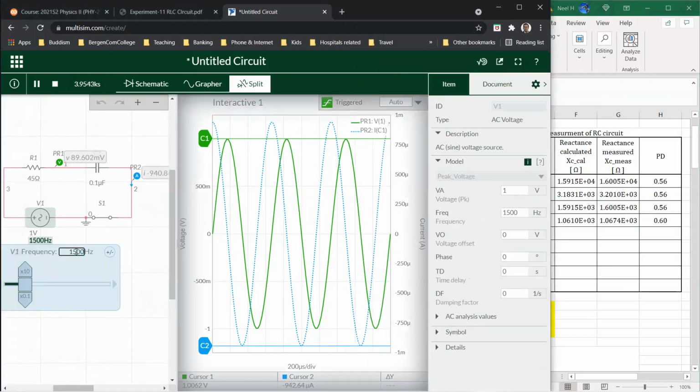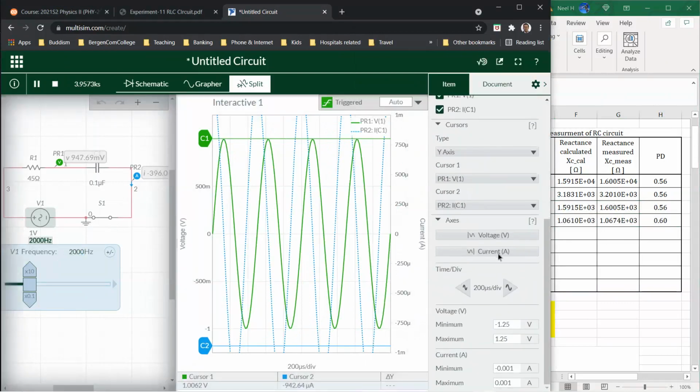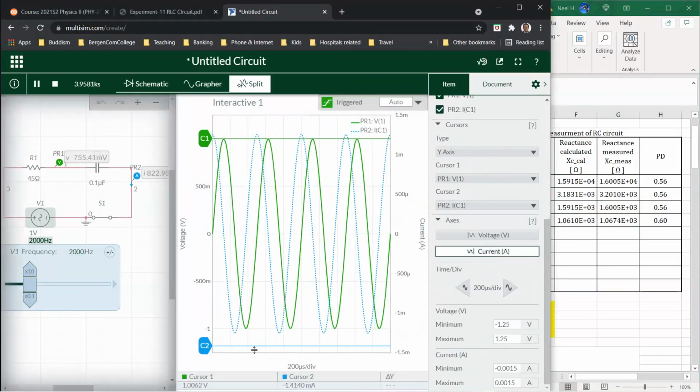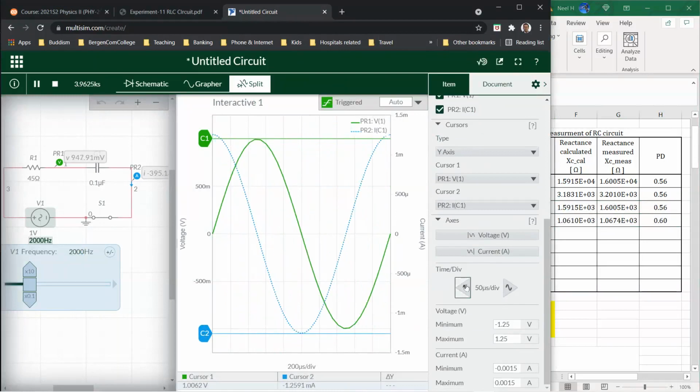We'll do then 2000 hertz frequency. Current has to auto scale, and then you may have to move the cursor for the current. And if you want to see only one wave there, maybe you can decrease the timer, then you can see the expanded curve.